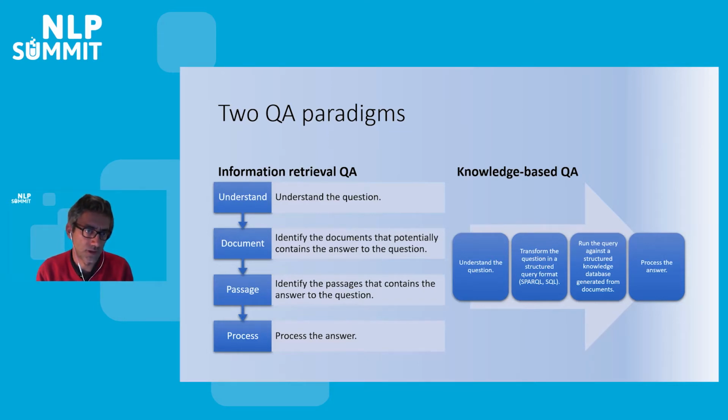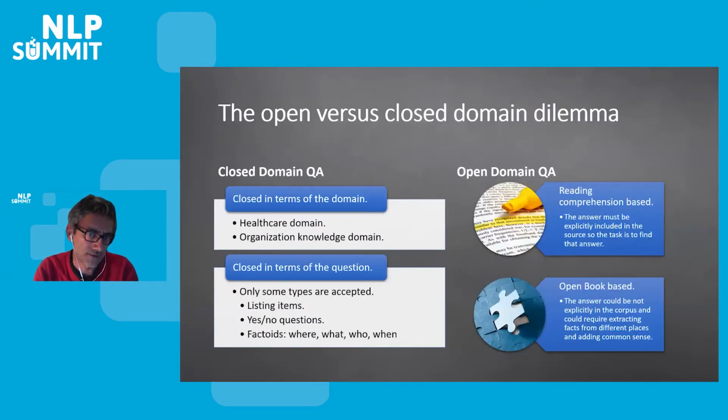In addition, when you are talking about question answering, you always have this closed or open domain dilemma. We talk about closed domain question answering when, in terms of the domain, we only answer questions related to a specific domain, like the healthcare domain or an organization's knowledge domain, as was our case.